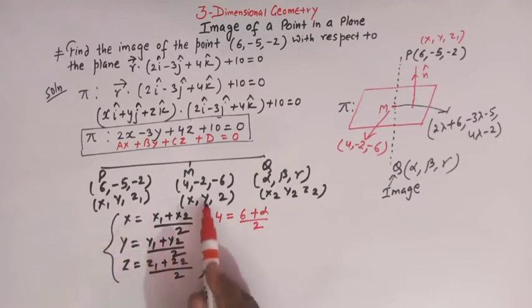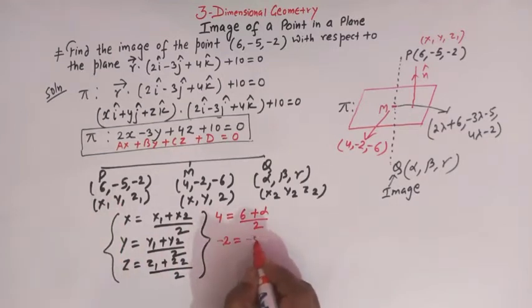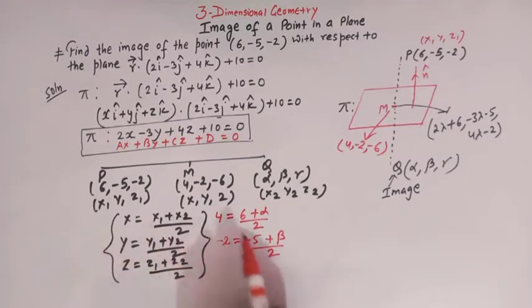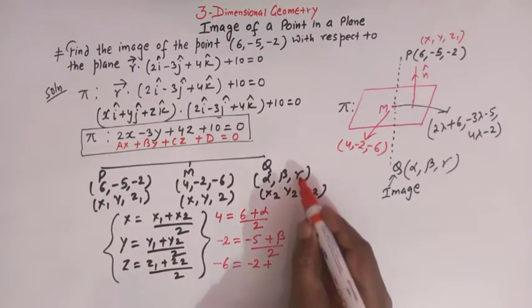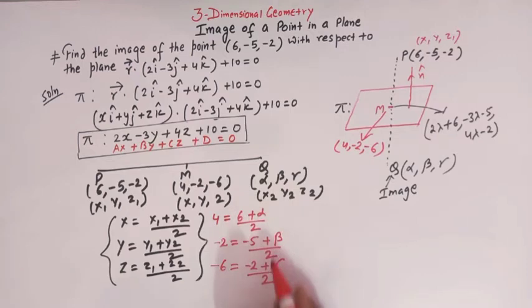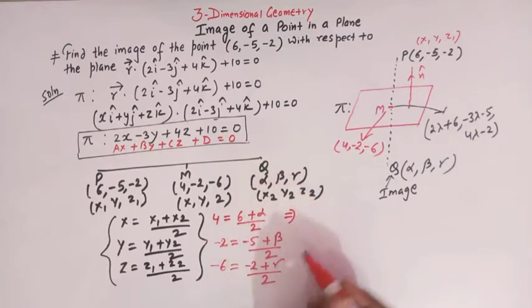Right, and for y we have here -2, and here y1 is -5 plus y2 is beta over 2. Right, and here for z we have -6, and z1 is -2 plus z2 is gamma over 2, right? So now here we have three equations in alpha, beta and gamma. Now we can solve these three equations to get the value of alpha, beta and gamma.